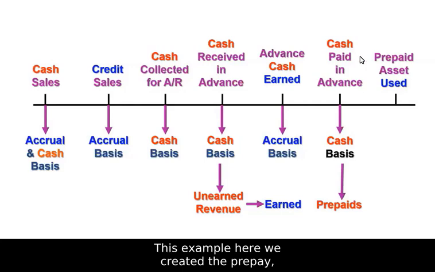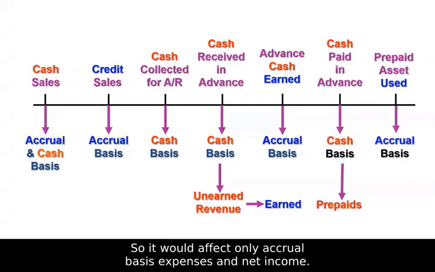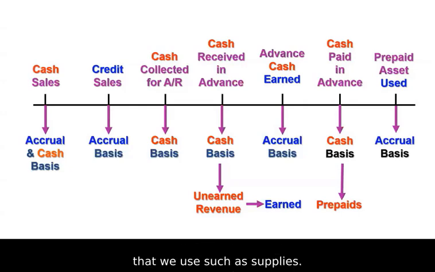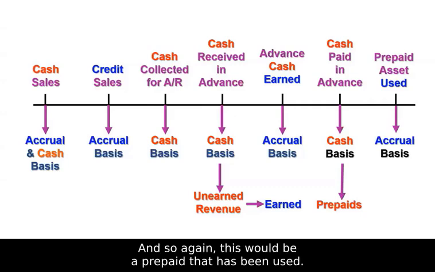In this example here, we created the prepaid. Now that asset is going to be used, so it would affect only accrual basis expenses and net income, because we are going to expense any prepaid that we've used, such as supplies. And so again, this would be a prepaid that has been used.